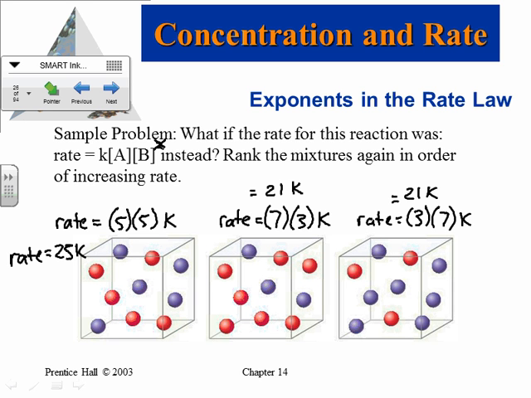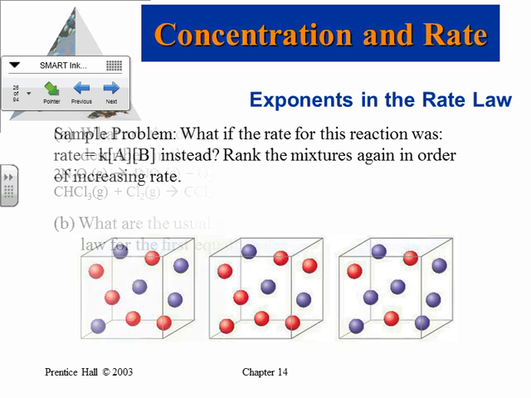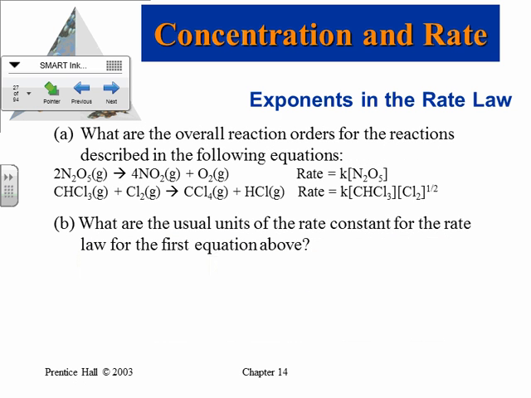So these two would be equal to one another, the second one and the third one. And then the first one would actually be the faster of the 3 rates. So these would tie for 1, and then this would be number 2. Okay, overall reaction orders for the reactions described in the following equations.